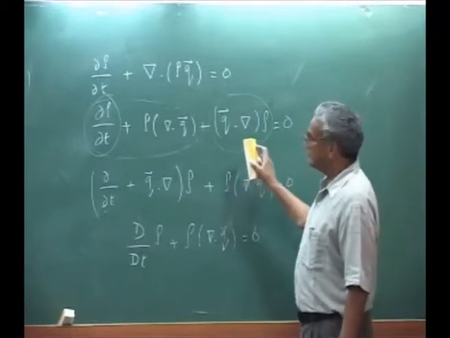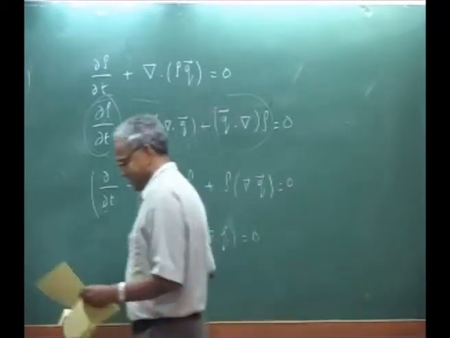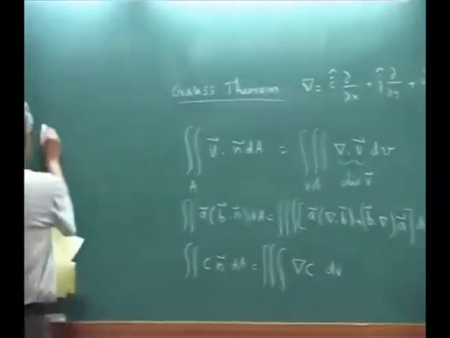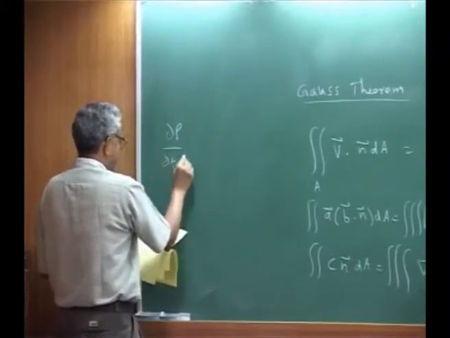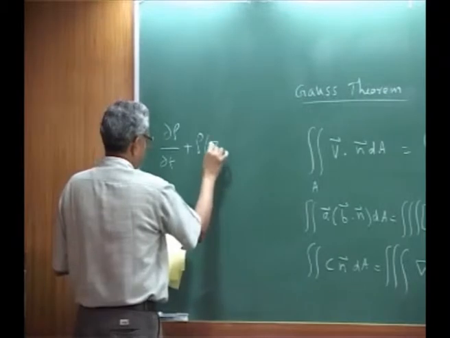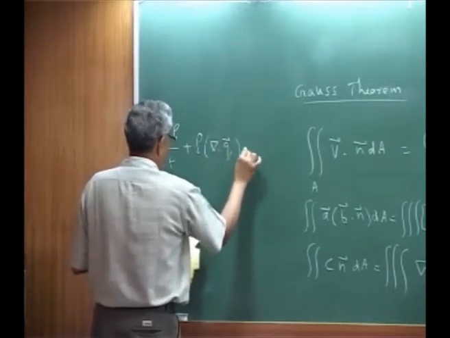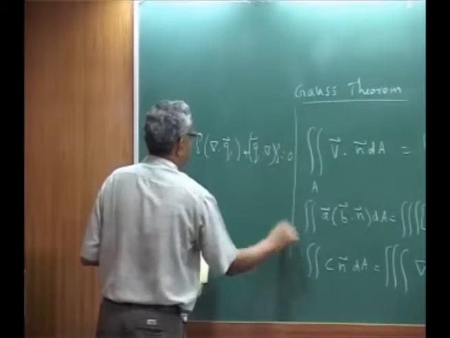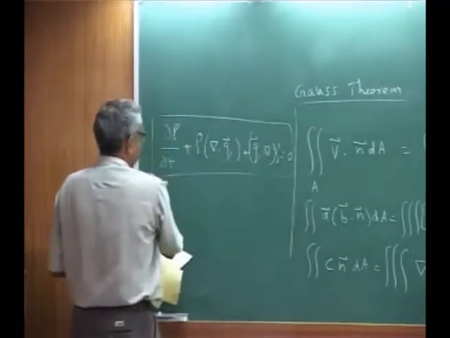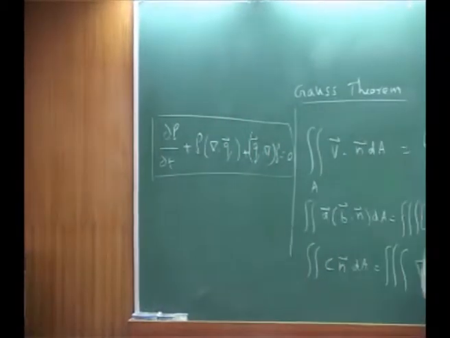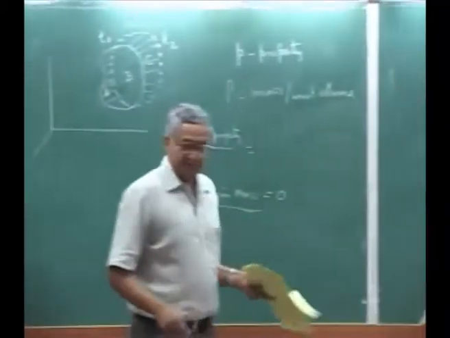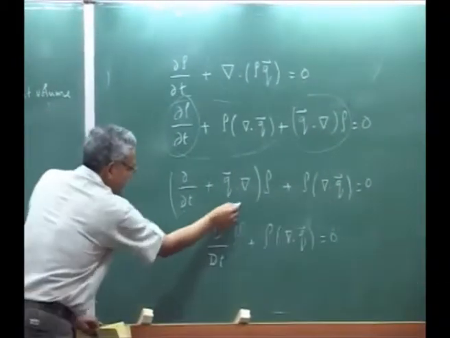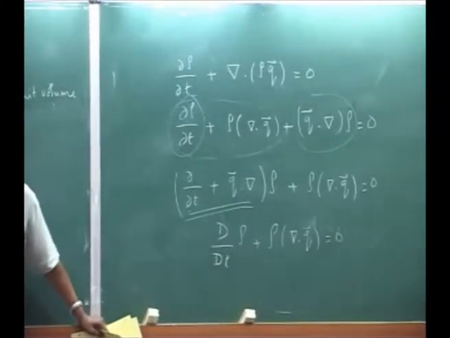Possibly I should write it in one corner and we will have that equation later when we substitute. So I can write it as del rho over delta T plus rho del dot Q plus Q dot del rho, this is 0. This is one equation, the continuity equation. So this is written as total derivative, material derivative, substantial derivative, all. Basically this means this.